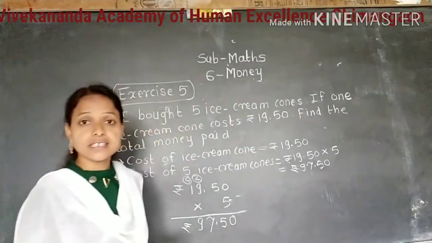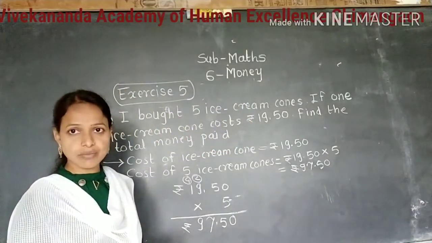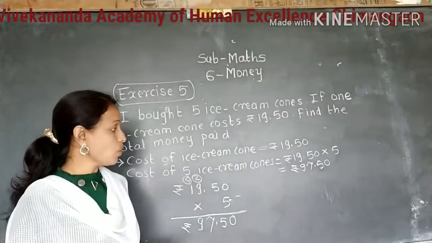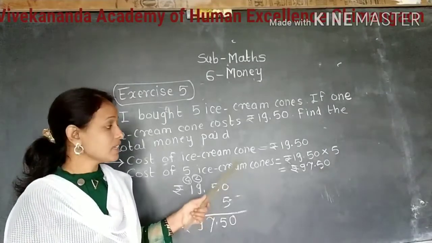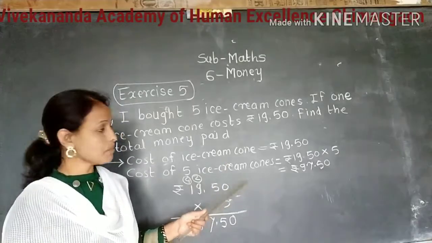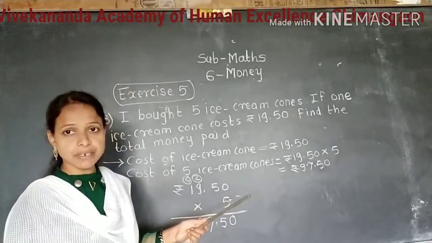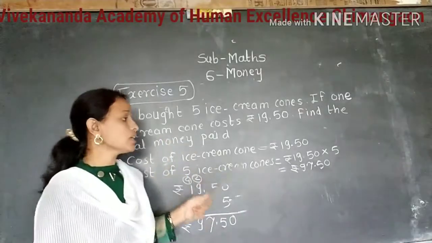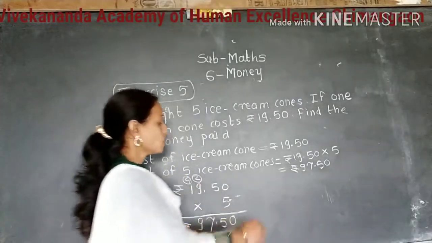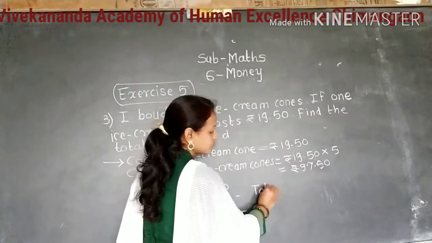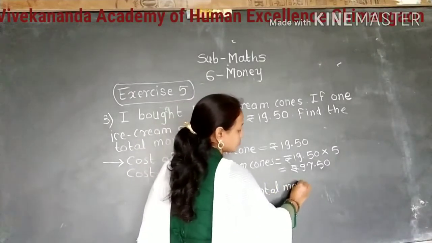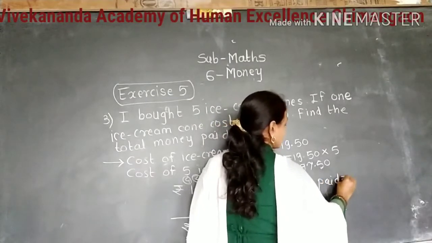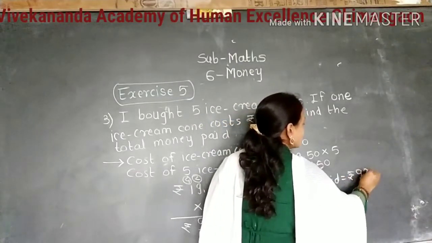And this is the cost of 5 ice cream cones. And what is our question? Find the total money paid. So total money paid is 97.50 rupees.